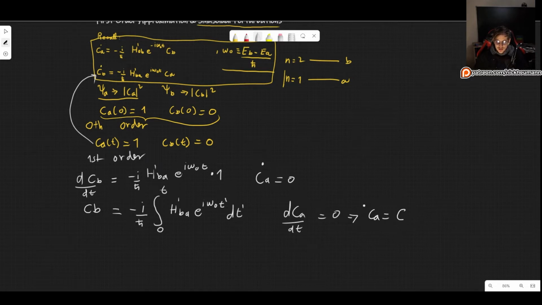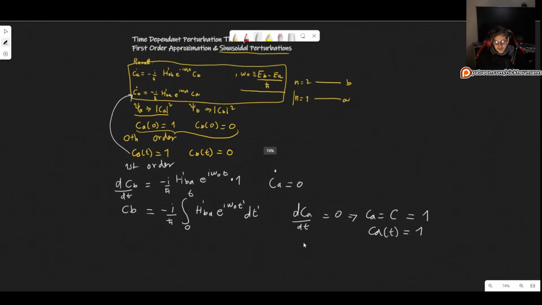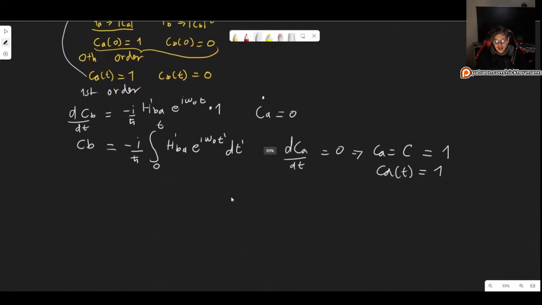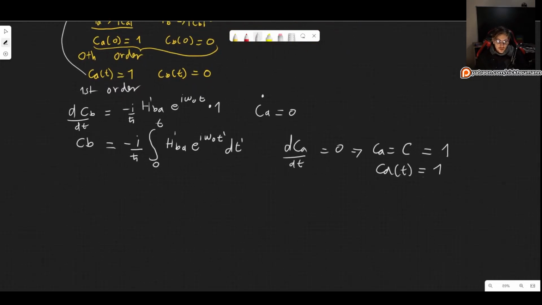And since there is no time dependence here, Ca stays the same at all times, then Ca has to be 1. This constant is 1, so basically Ca as a function of time here is still 1. So as you can see, Ca has not changed from here to here. Okay, so that is to first order. Now let's go to second order, for example. So if you wanted to go to second order, maybe let's change colors. So to second order.